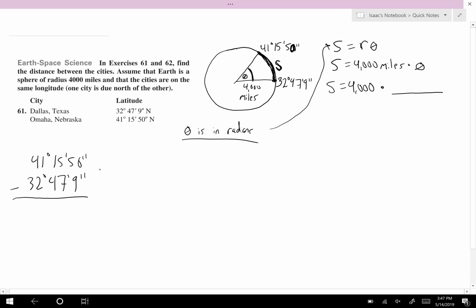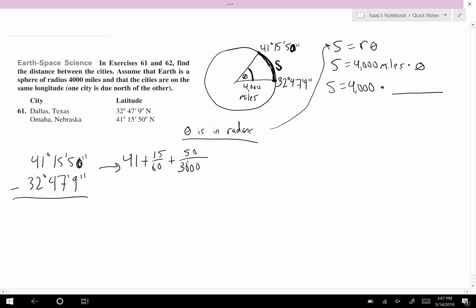Alright, and to make this a little easier to see, I'm going to go ahead and change these into decimals as well. So 41 degrees, 15 minutes. 15 minutes would be 15/60ths of a degree. And I've got 50 seconds.